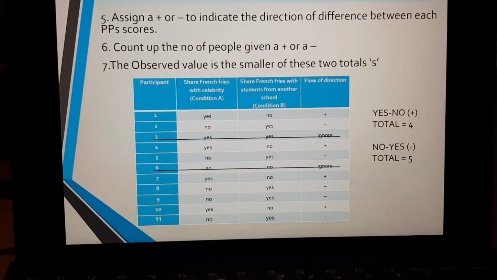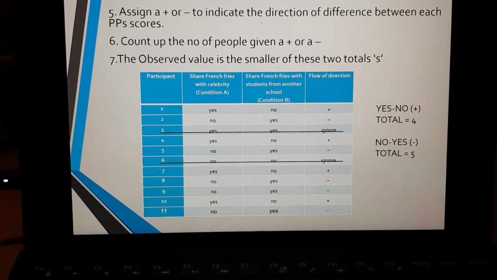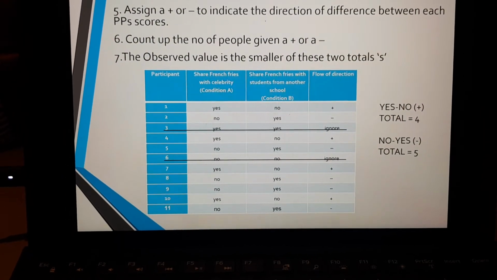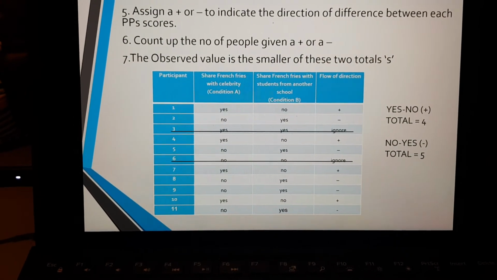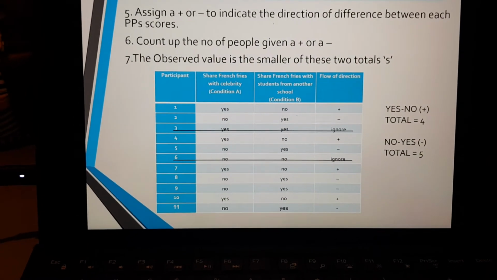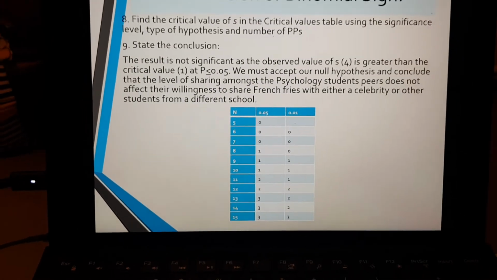So in this instance, we've got 4 saying yes, no, so they've got a plus. We've got 5 saying no, yes, so they've given a minus. So our observed value is the smaller. So 4 is our observed value.